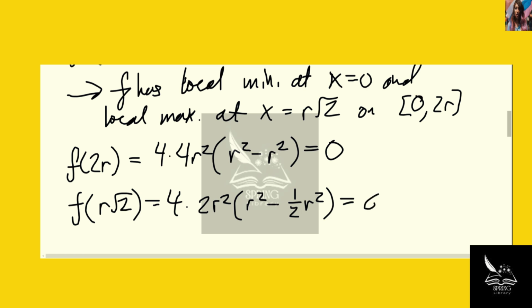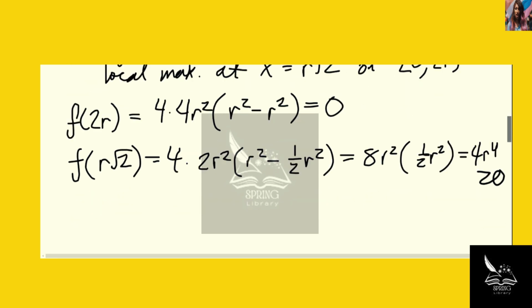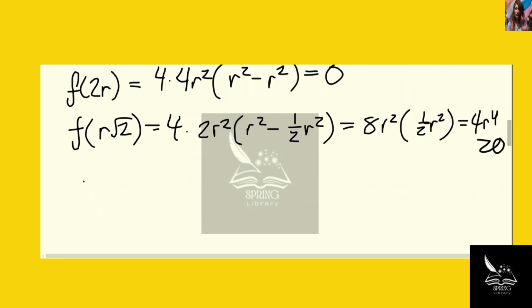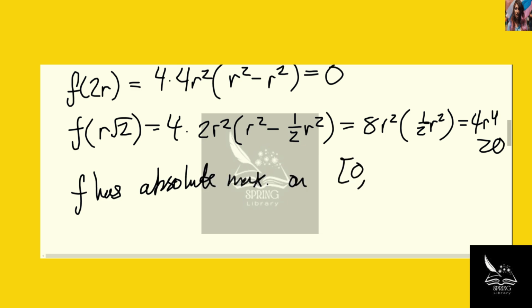This is 8r squared times 1/2 r squared, which is 4r to the 4th, which is positive. Therefore, it follows that f has an absolute maximum on the interval 0 to 2r at x equals root 2 r.